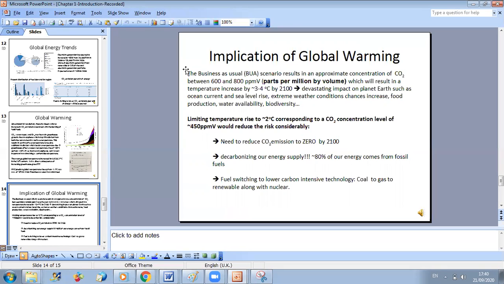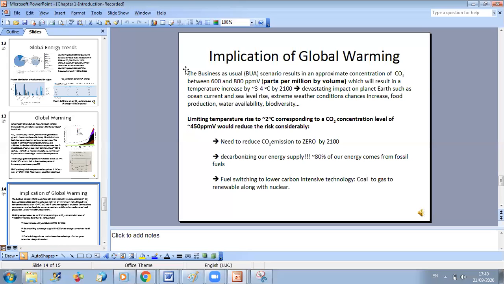And this will result in a temperature increase of 3 to 4 degrees by 2100. This has a very bad impact on the Earth, because it will cause ocean current changes and sea level rise, in addition to a higher probability of extreme weather conditions.